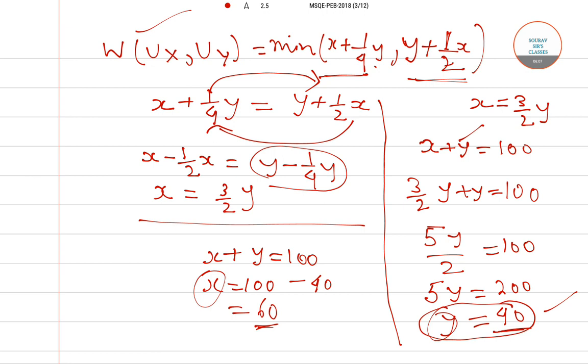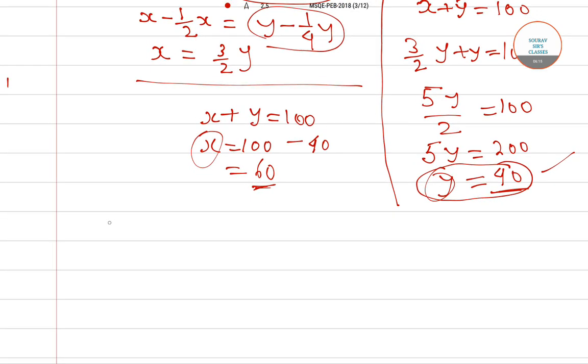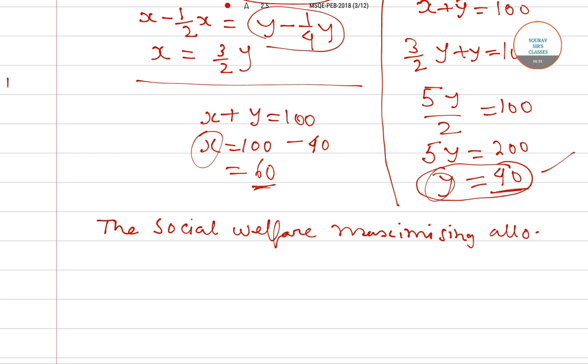So we would say the social welfare maximizing allocation is 60, 40.